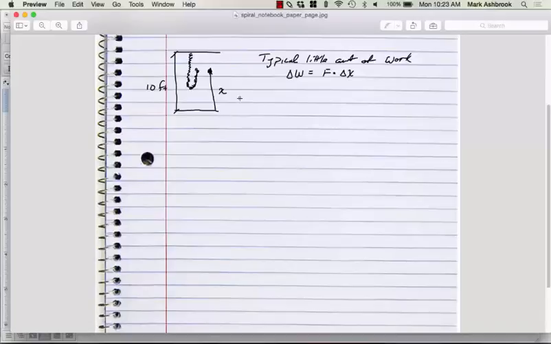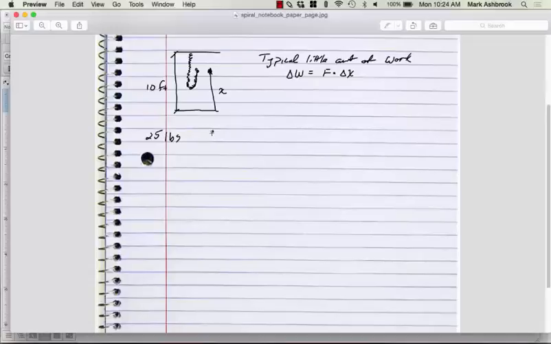So how much weight are we currently lifting up if we've taken the bottom length up a distance of x right now? Okay, so first of all, it's not going to be 9.8 because we're in pounds and feet. So we said the whole chain weighs 25 pounds. So we're going to need to get how much 1 foot weighs, right?